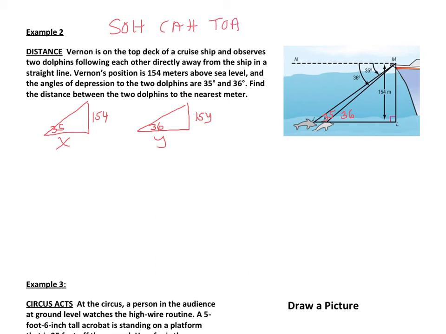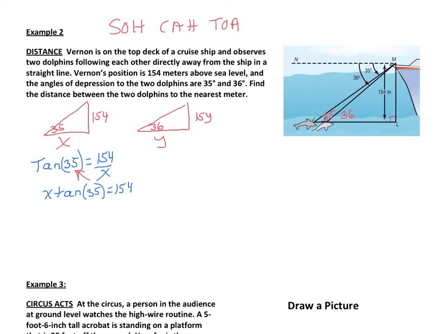Alright, from the perspective of 35 degrees, 154 is opposite, and x is adjacent. So we have tangent of 35 degrees equals the opposite over the adjacent. Cross multiply, and we have x times the tangent of 35 degrees equals 154.